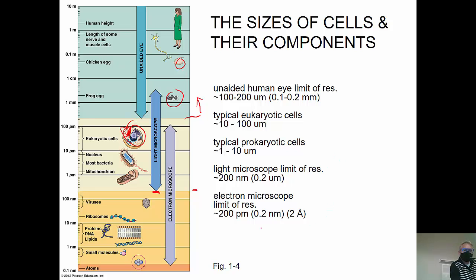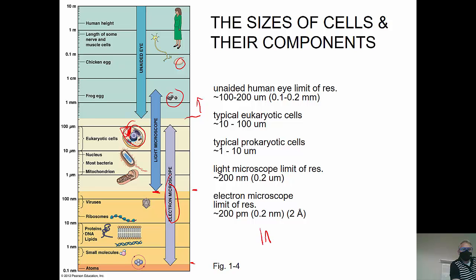So to see these, what we utilize is what's called electron microscopy. And for this, we can see down to about 0.2 micrometers or below, okay? And so now we're getting into very, very small objects that we can see with an electron microscope.